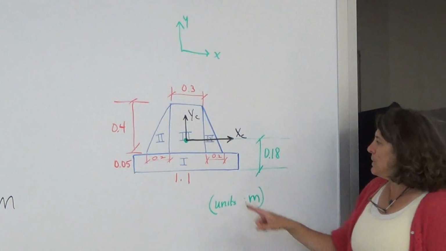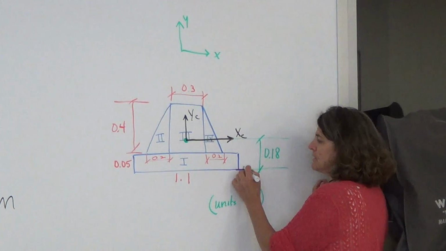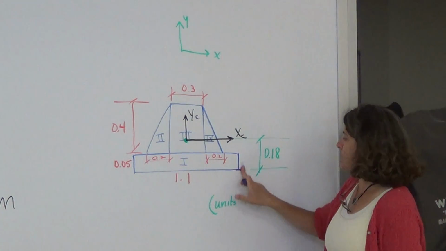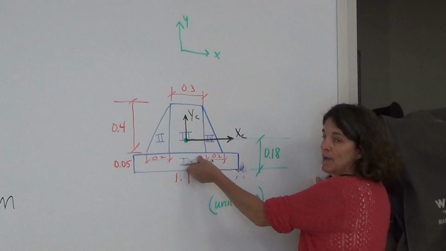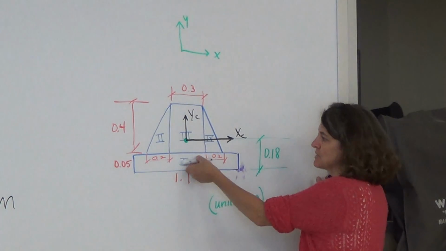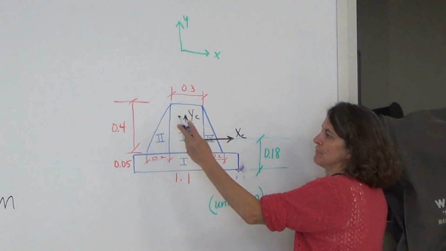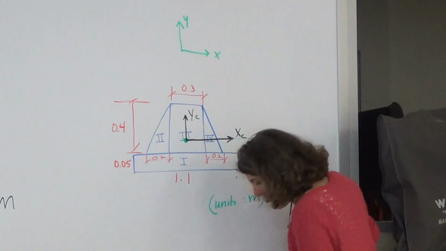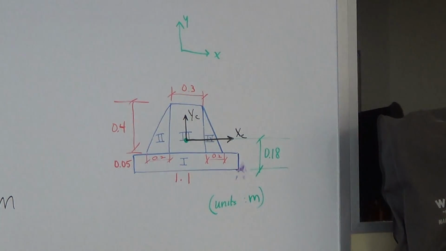But let's say I wanted to find the moment of inertia about this line right here. What do I have to do? Parallel axis theorem. How about if I wanted to find it about here? Parallel axis here. Parallel axis here. Anywhere vertical. Here, here, here, here. Anywhere that is not through the centroid, I'm going to have to use the parallel axis theorem.